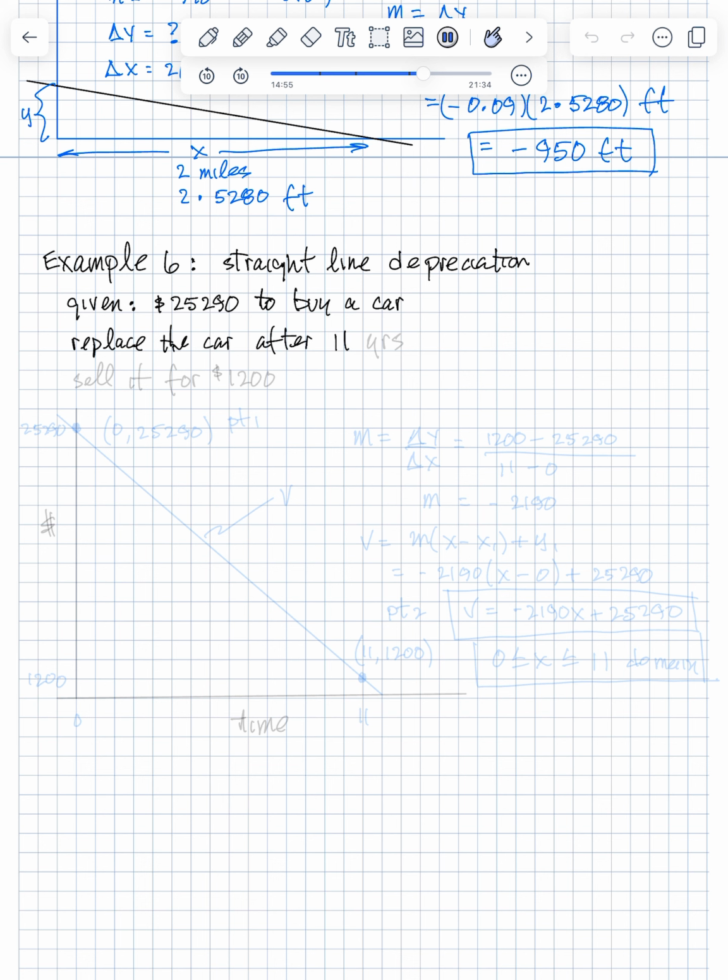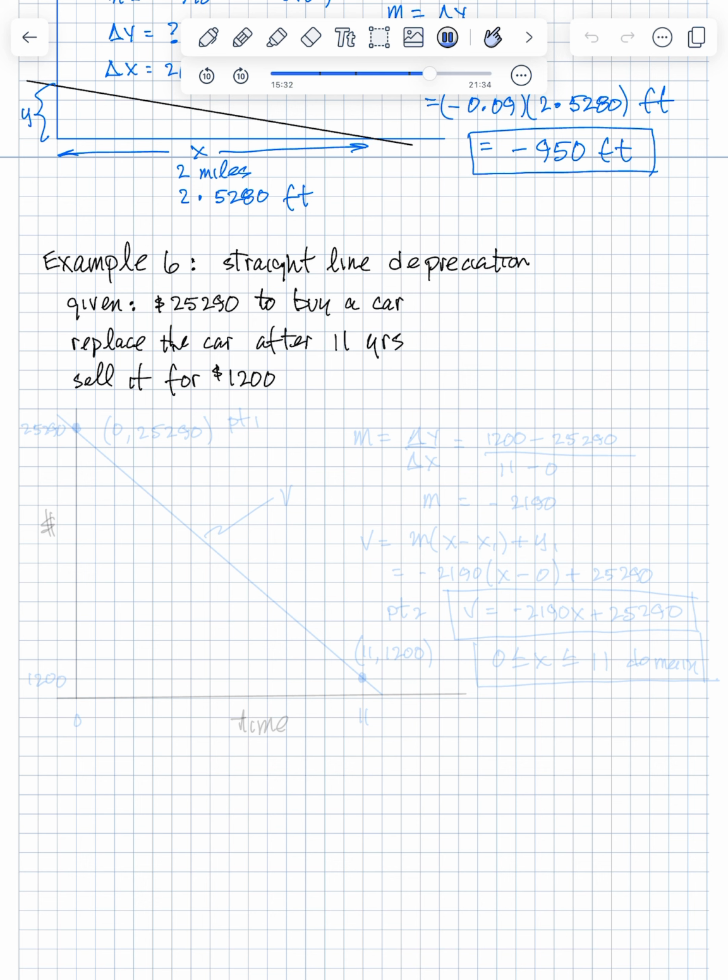So you're going to keep it for 11 years and you will sell it for $1,200. This is, I would say, a pretty good real life estimation. So what we want to do is write a linear equation for the straight line depreciation line.